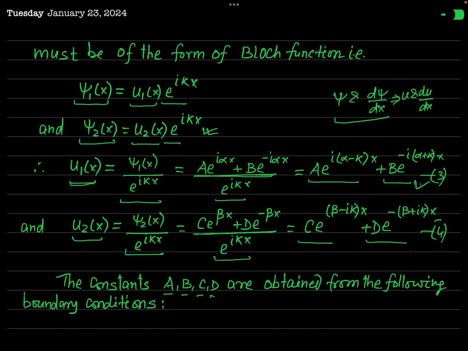When you substitute x equal to 0 in the RHS, there will be an e to the power 0 factor in both of the terms, and that is equal to 1.